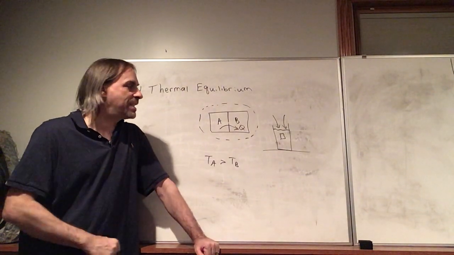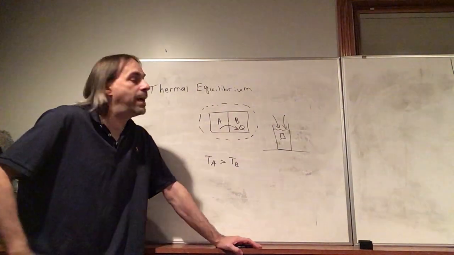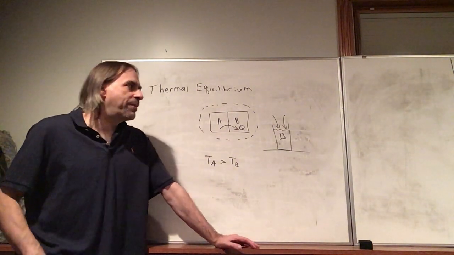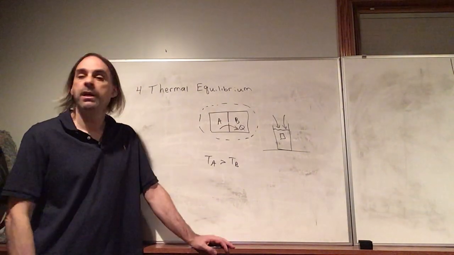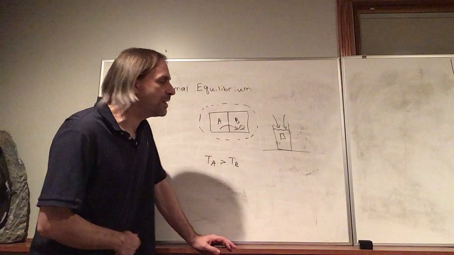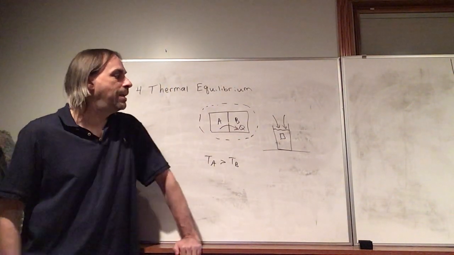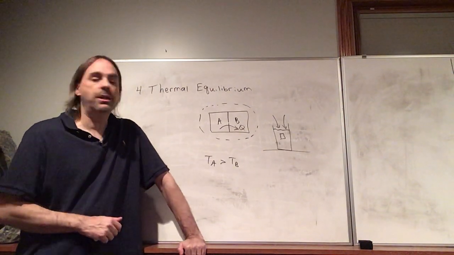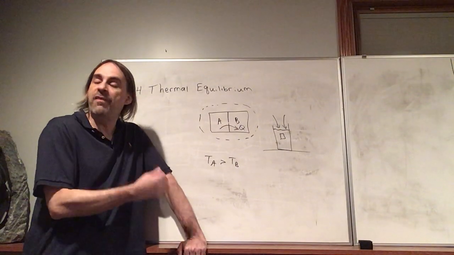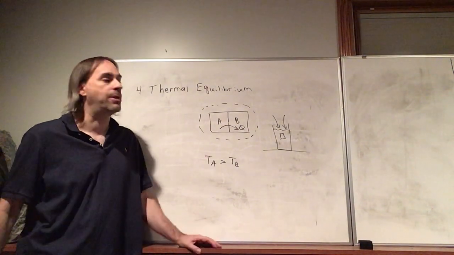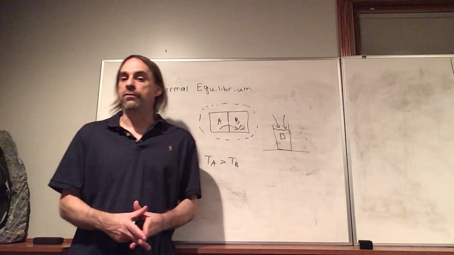Now we can maybe fix that by putting this in an isolated container like a thermos. However, the thermos itself is in contact with the liquid, so that's part of the system as well. So basically, we just have to be careful. We're going to talk about energy flowing between the different parts of the system and reaching equilibrium at some final temperature where everything is the same temperature. And we just have to make sure that all that energy is accounted for.